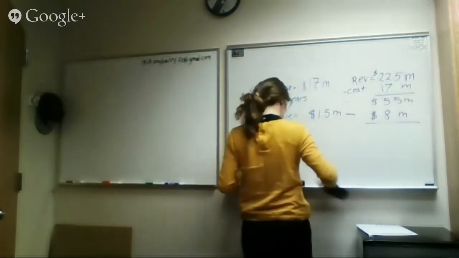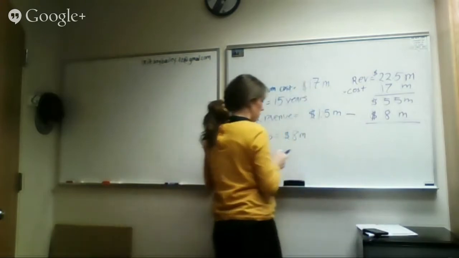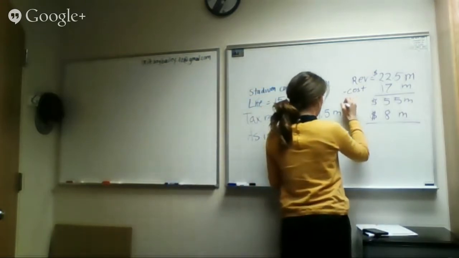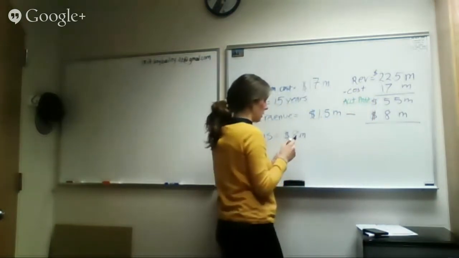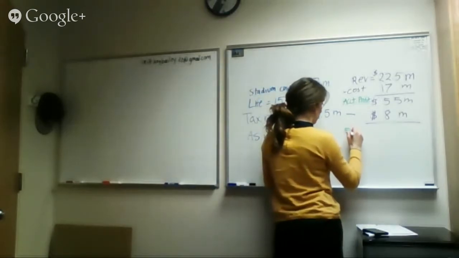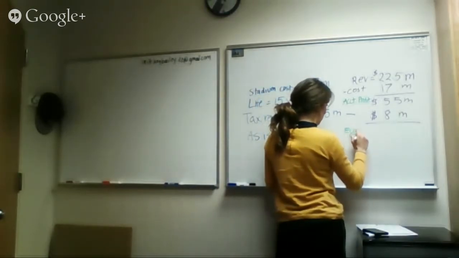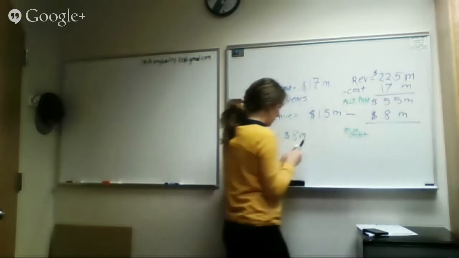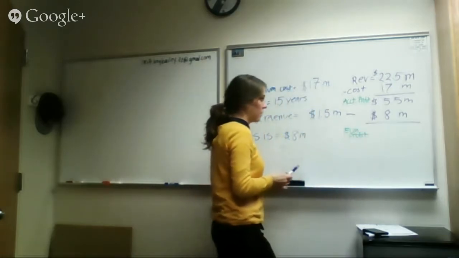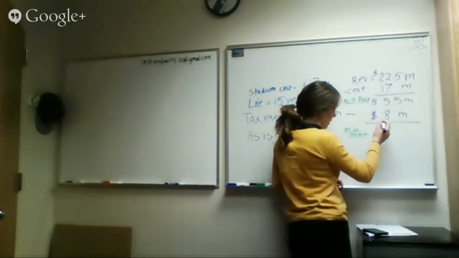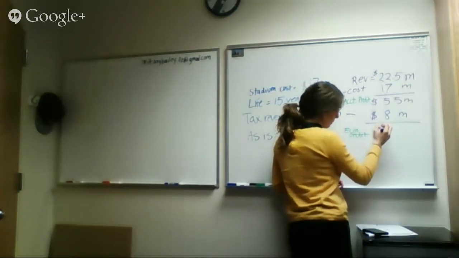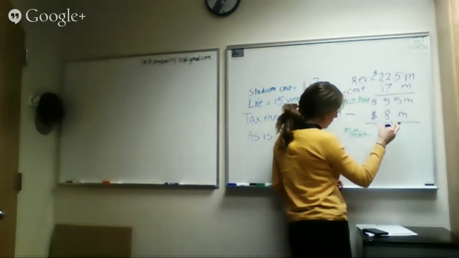So $5.5 million minus $8 million is negative $2.5 million.